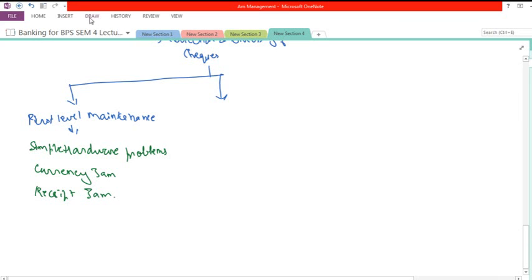On the other hand, when we talk about the second level maintenance, second level maintenance में you would be including the activities such as UPS failures. UPS is basically the backup power that is available to it. Then machine failure.